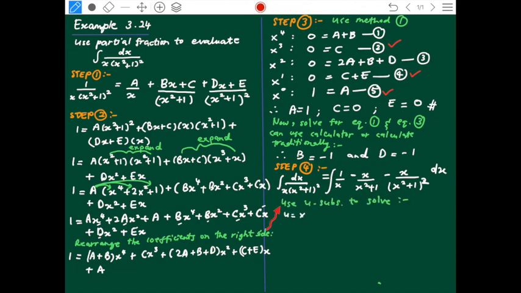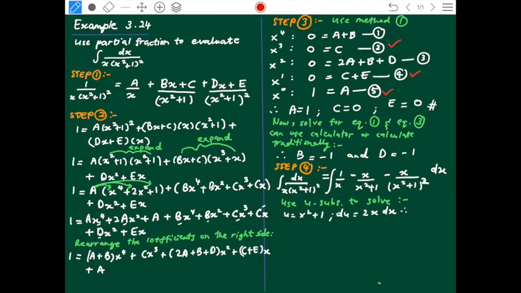Next, we proceed with u substitution to solve the integration here. Here I pick u equals x squared plus 1. When you differentiate u, you will get 2x dx.